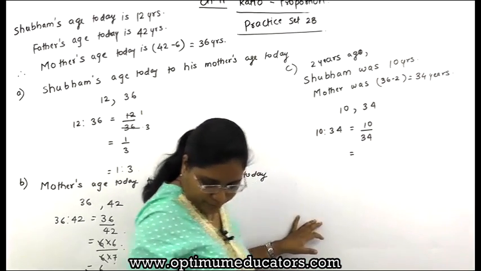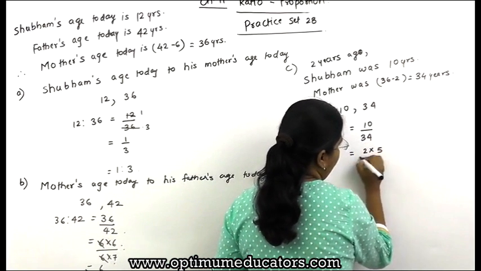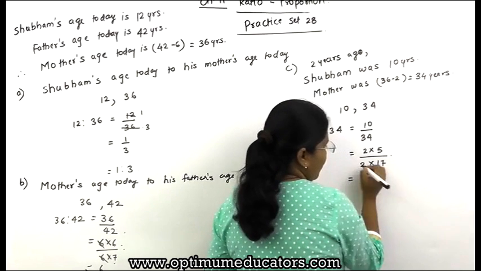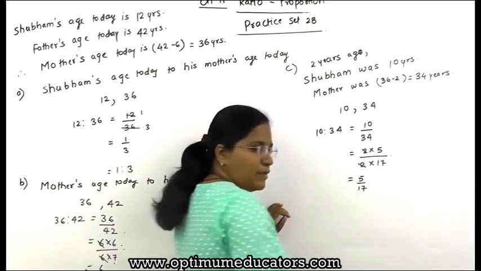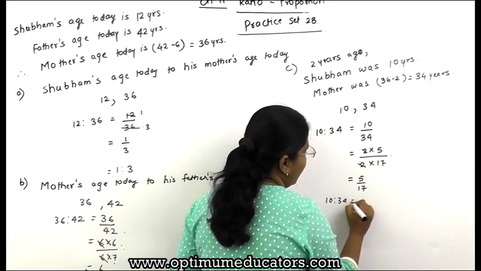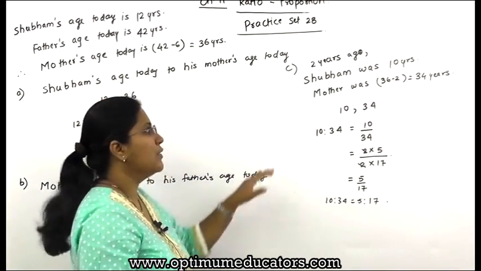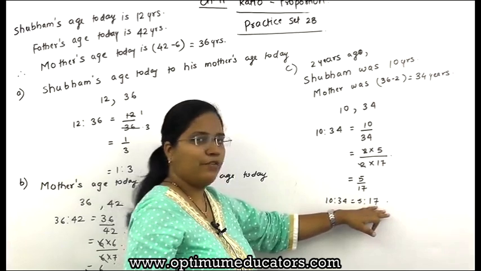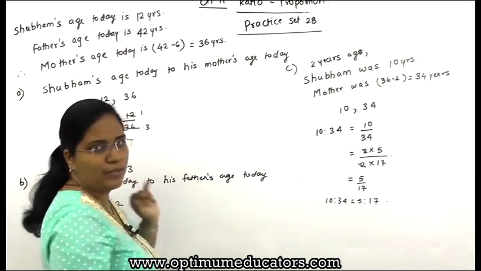I know that 10 is 2 into 5 and 34 is 2 into 17. So 2 goes off. What remains is 5 upon 17. So 10:34 is same as that of 5:17. So 2 years back the ratio of Shubham's age to his mother's age was 5:17, and now the ratio is 1:3.